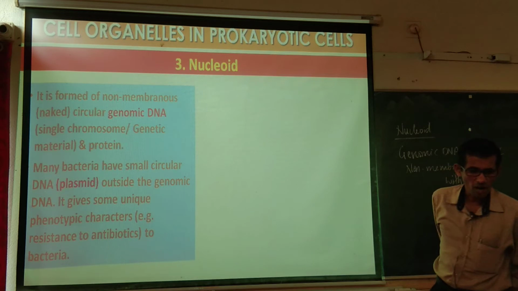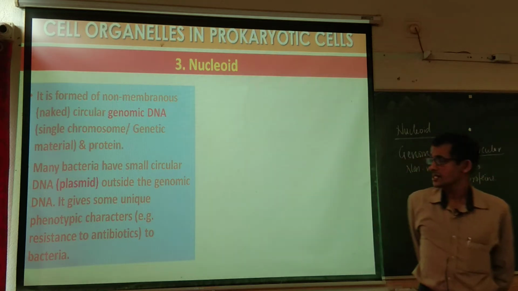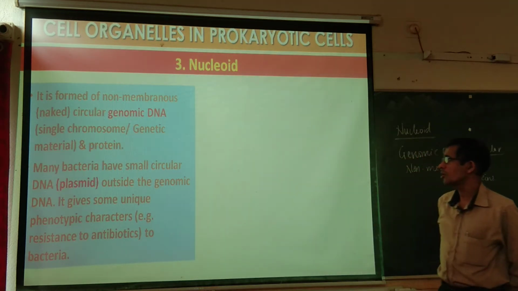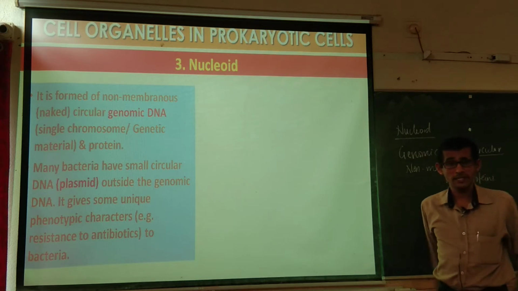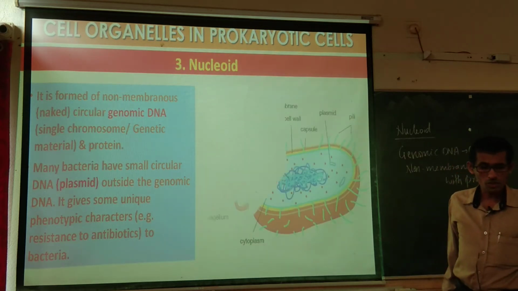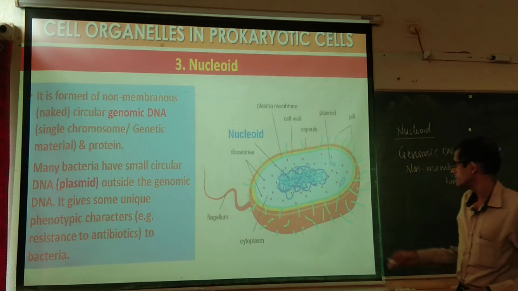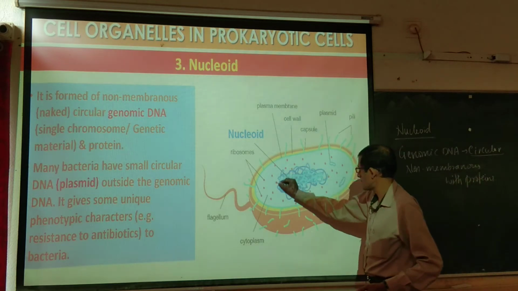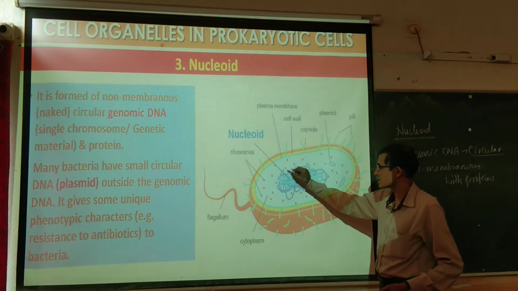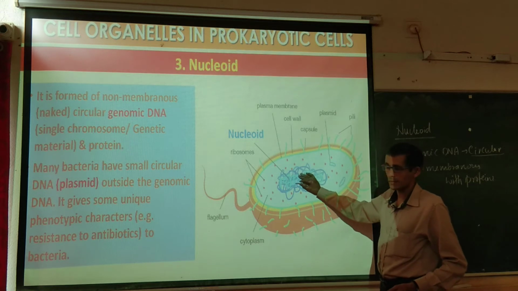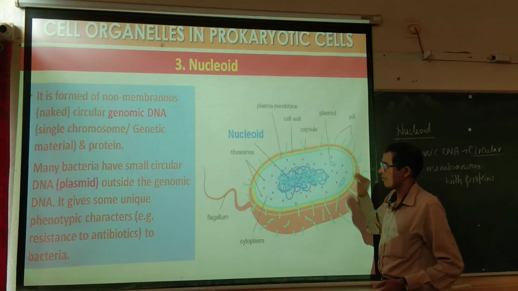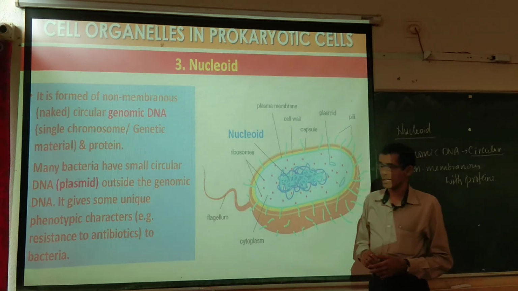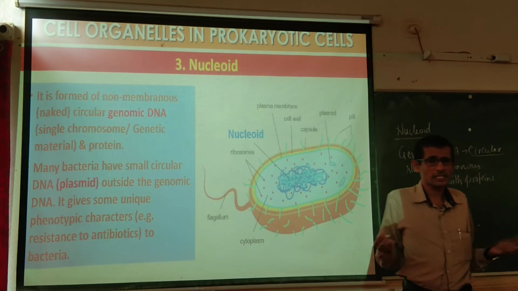So it is formed of non-membranous circular genomic DNA. It is non-membranous, it is not having any covering. Here we can observe the presence of the nucleoid, with circular genomic DNA along with protein. We say naked because it is not having any covering.